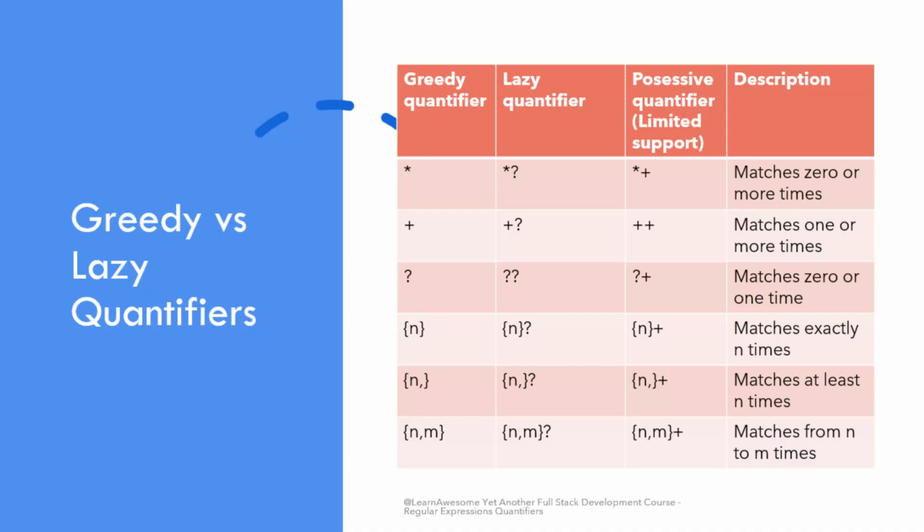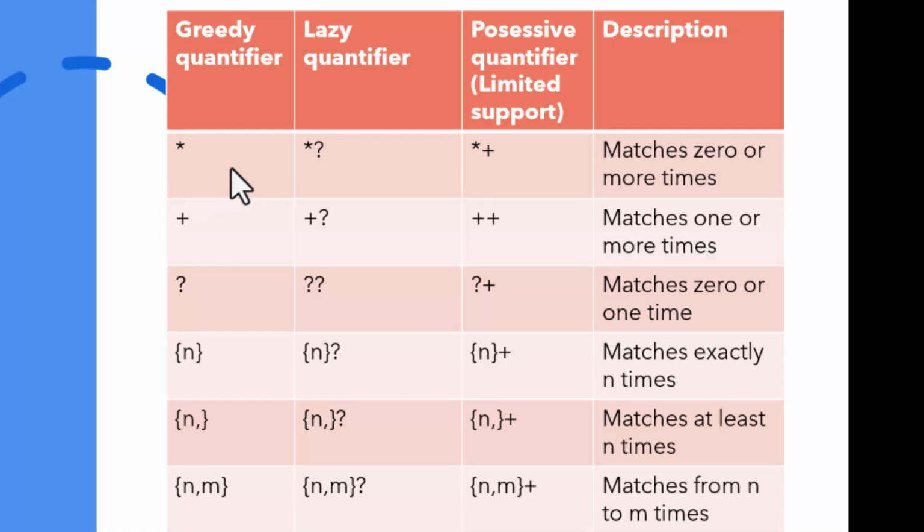So a regex of a asterisk would match a string aaaaa without blinking. This can all change if you suffix them with a question mark, which basically is an instruction to change quantifier mode to non-greedy or lazy or reluctant. So a* would match the entire string aaaaa, matching all 5 characters.